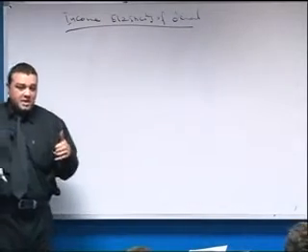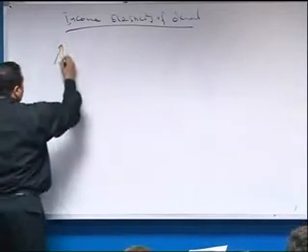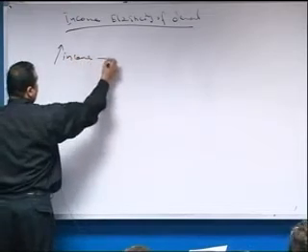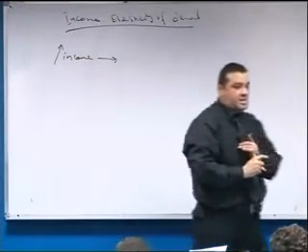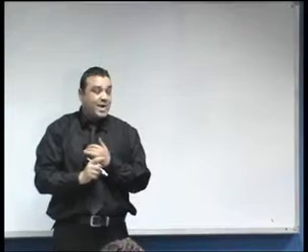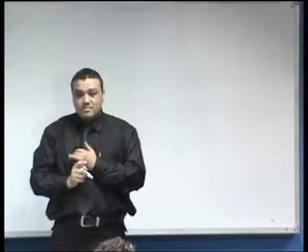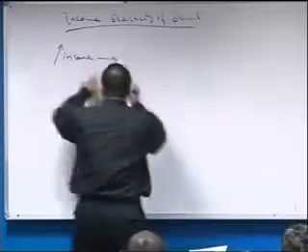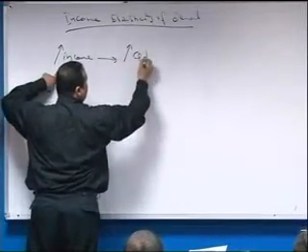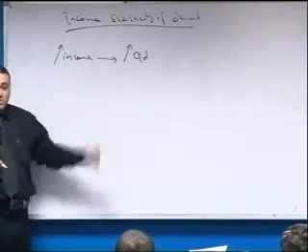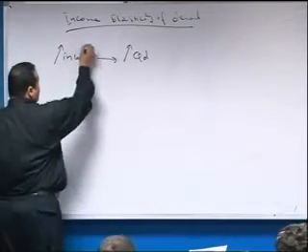If your income increased and the quantity demanded for the product increased, is this product normal or inferior? When your income increased and the quantity demanded increased, the good is normal.